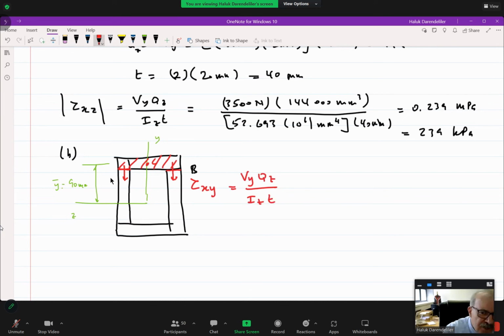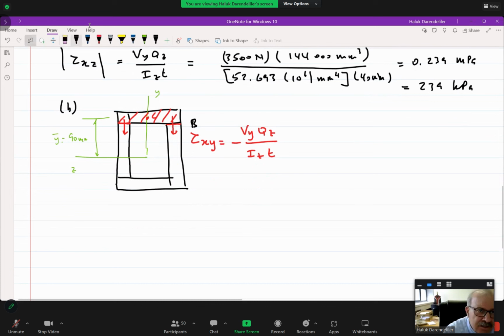The only changing things are Qz and T. For this problem, T is the same. But anyway, if the thickness of these planks is changing, it also changes. Therefore, now in this problem, this shearing stress, is it positive or negative? Who is going to tell me? For both this time. They are both negative, being opposite to the above.